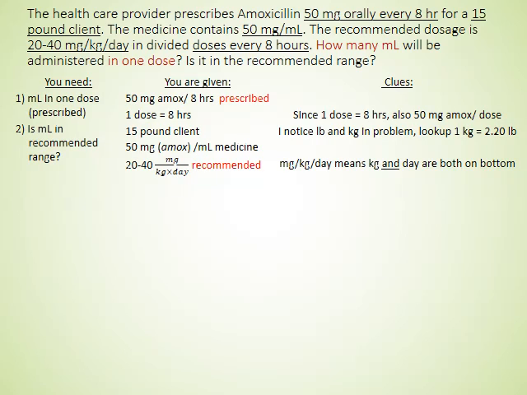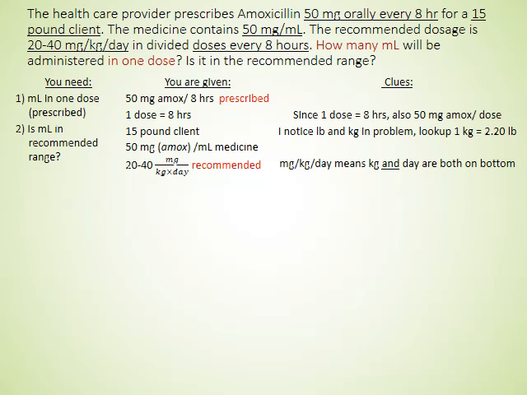Well, first let's recognize this is two separate questions. The first question is asking for milliliters in one dose that's been prescribed. The second question is asking, is that in the recommended range? Looking at what we're given: 50 milligrams of amoxicillin per 8 hours. That's a conversion factor. We're also told one dose is equal to 8 hours, since they're telling us it's going to be doses every 8 hours. We're also given it's a 15-pound client.